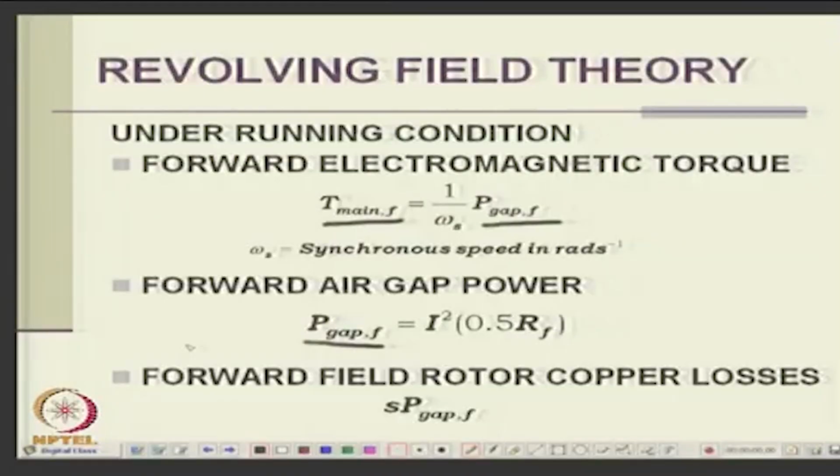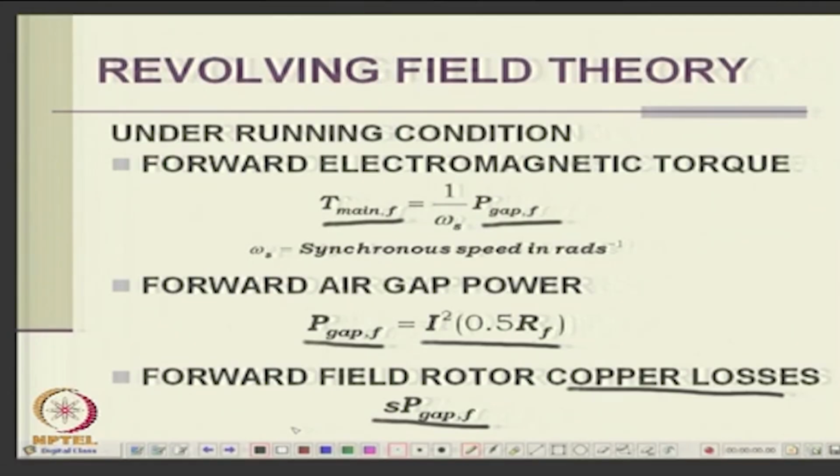Therefore, what is the power at the gap? You are feeding into the gap, which means getting into the rotor. You are transferring some power by induction, and that will be I square into 0.5 RF, and the forward rotor copper loss will be S times PG. I hope if you recall the 3-phase induction motor theory, this you must be aware.